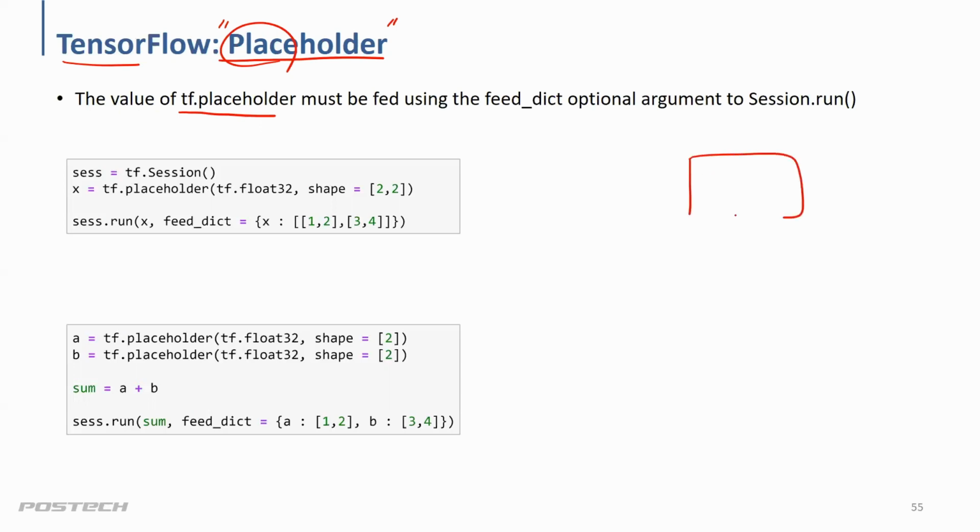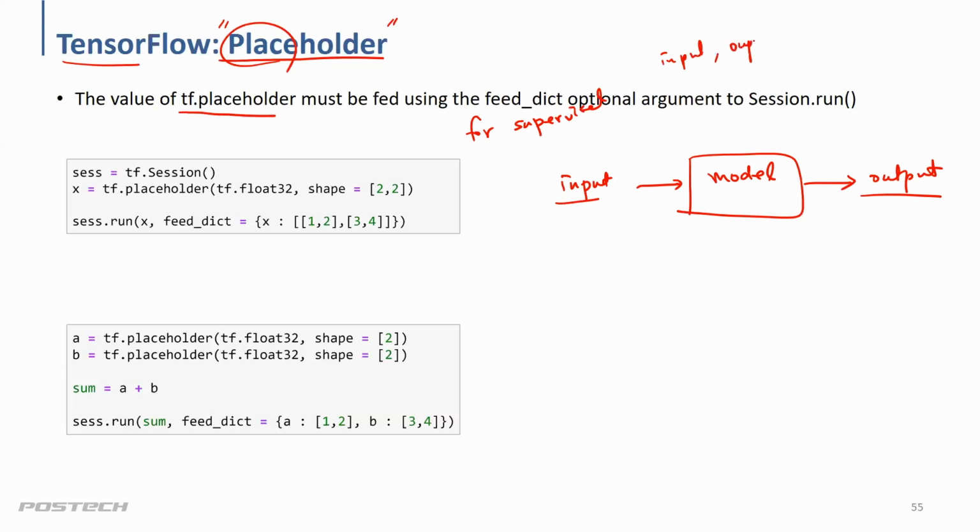Let's suppose we have a model here. In most supervised learning or machine learning, you have inputs and outputs, and for supervised learning, the input and output are given.